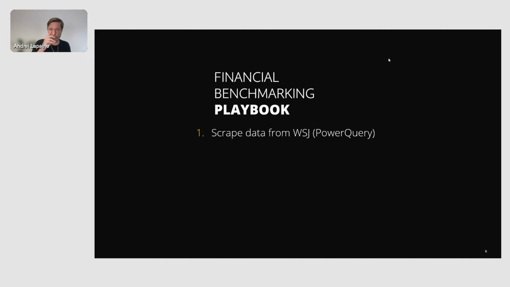All the data that you'll see here is publicly available from the Wall Street Journal website. Of course, we've used Power Query in Power BI to scrape the data. So basically web scraping, connecting to the website, and then extracting, cleaning, loading, and so on, right? So we used Power Query for that.